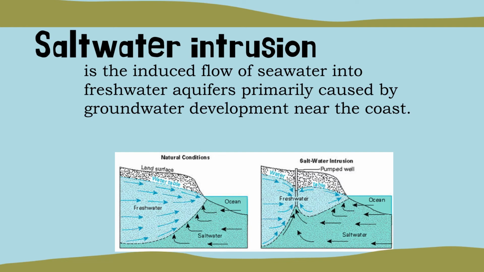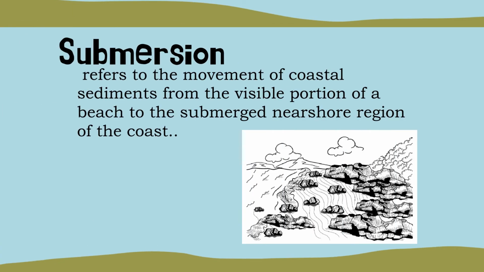Saltwater intrusion is the induced flow of seawater into freshwater aquifers, primarily caused by groundwater development near the coast. And lastly, we have submersion. Submersion refers to the movement of coastal sediments from the visible portion of a beach to the submerged nearshore region of the coast.